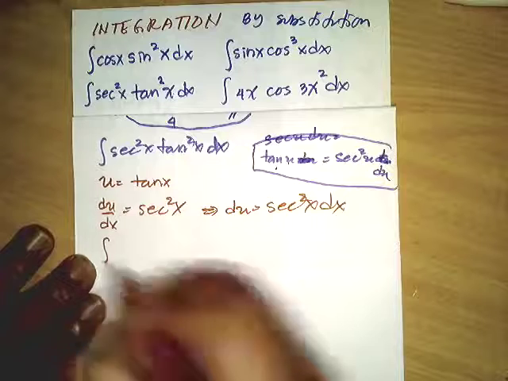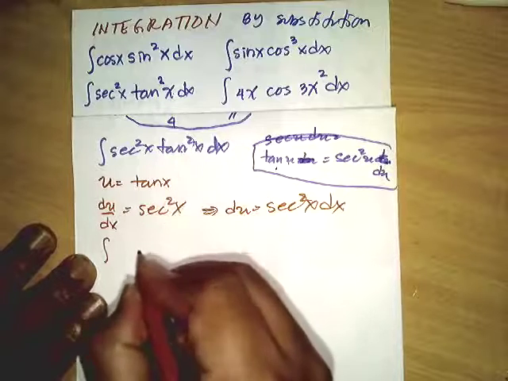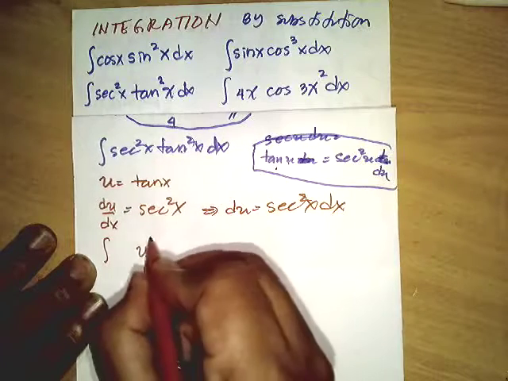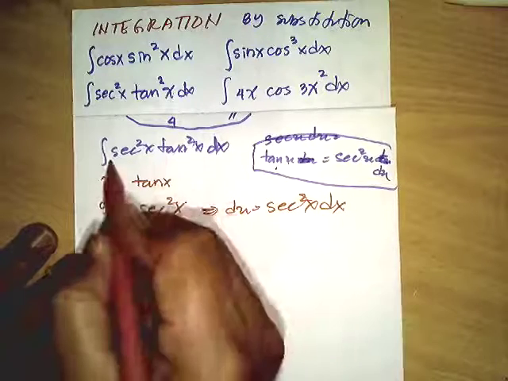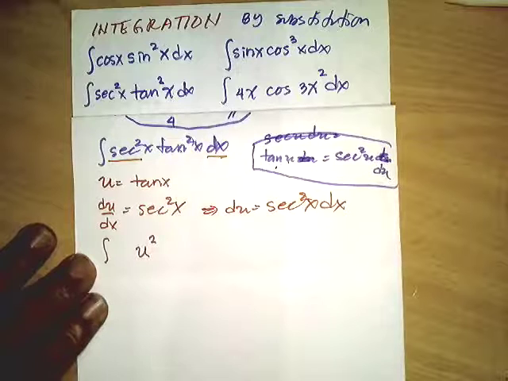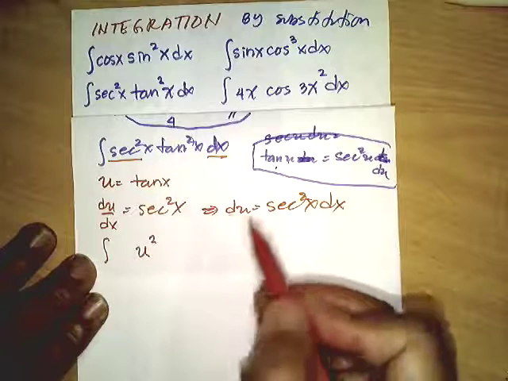So that is now the integral. The tangent x is your u, so that is your u to the second power, and your secant squared x dx. This remaining expression, secant squared x dx, is equal to du.